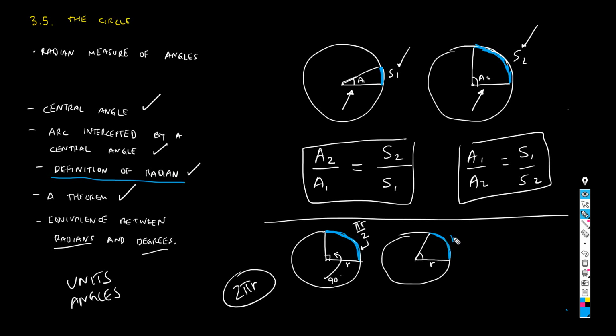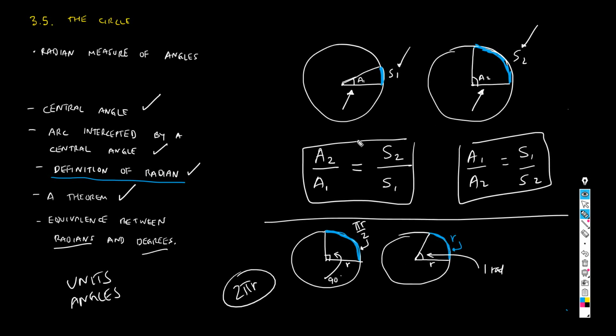So this is also r. The length of this arc is r. Fine. It's pretty simple stuff, right? And this angle is 1 radian, I'm just going to write 1 rad. So this is 1 radian, and this is the length of the intercepted arc.